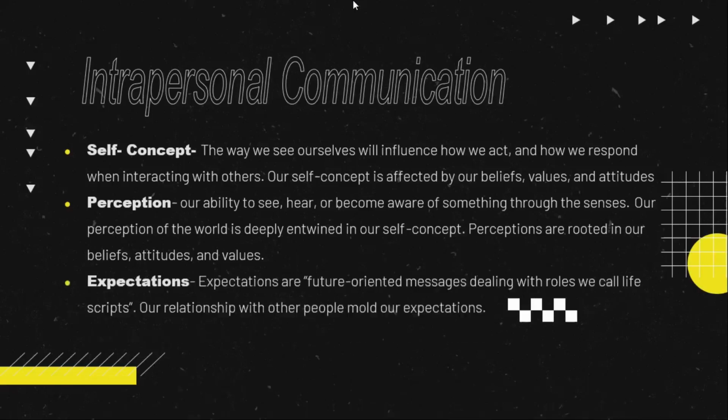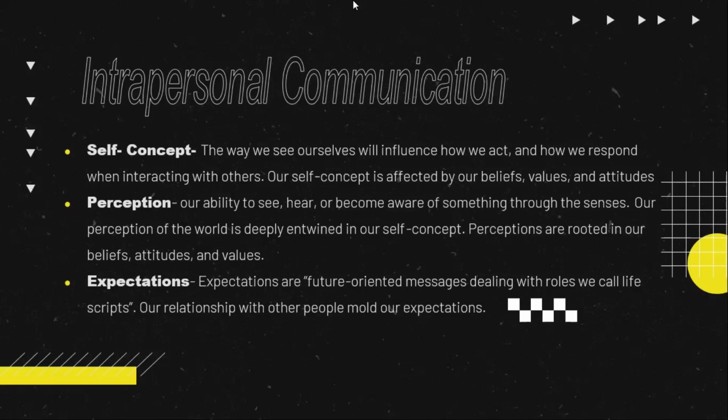Third is expectations. Expectations are future-oriented messages dealing with rules we call life scripts. Our relationships with other people mold our expectations. Of course, the way people interact with us is really the root of our expectation, right?